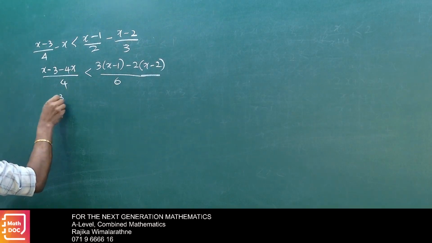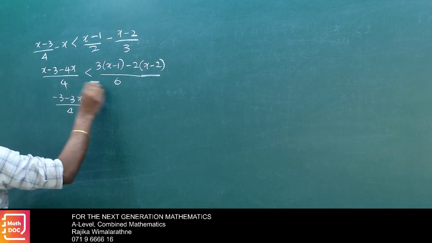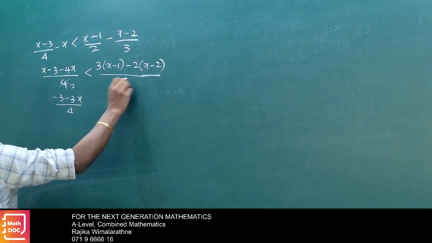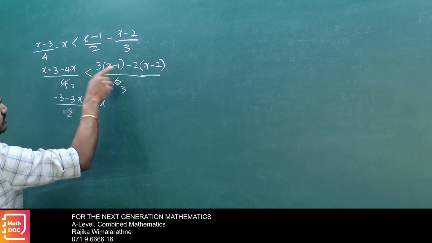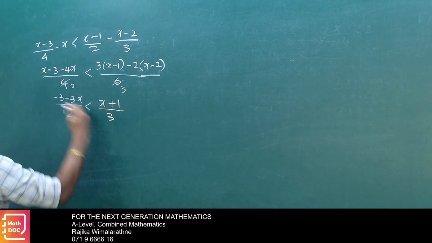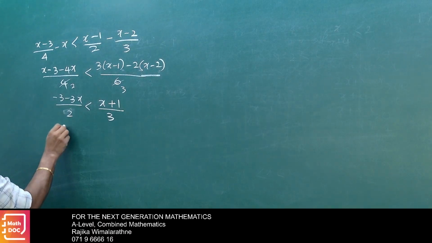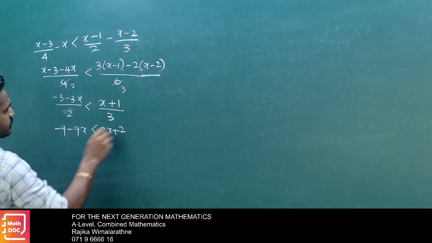Before that, simplify. Then cross multiply. Minus 9 minus 9x less than 2x plus 2.